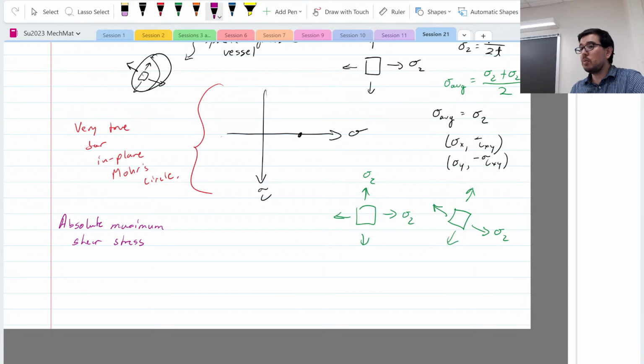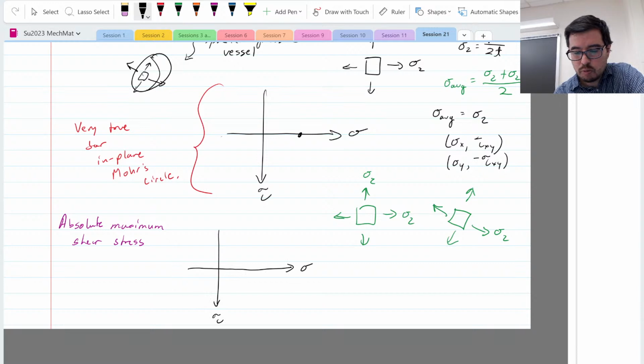In this case, what is sigma 3? Sigma 3 is 0. So if I draw the Mohr's circle just like we have here, that's still true.